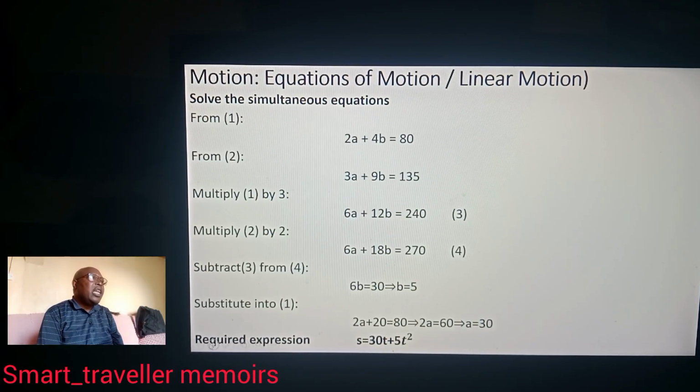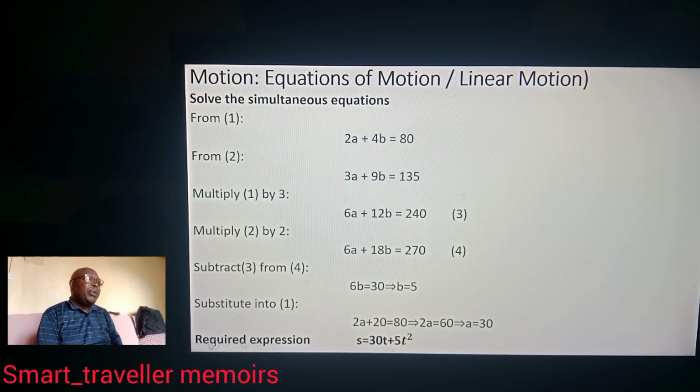Subtracting equation 3 from equation number 4, you get 6a minus 6a is 0, 18b minus 12b is 6b, 270 minus 240 is equal to 30, and therefore you have a simple equation, 6b is equal to 30, which implies b is 5.